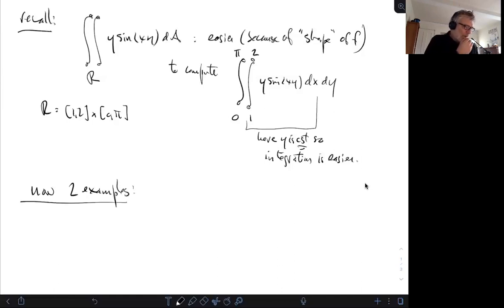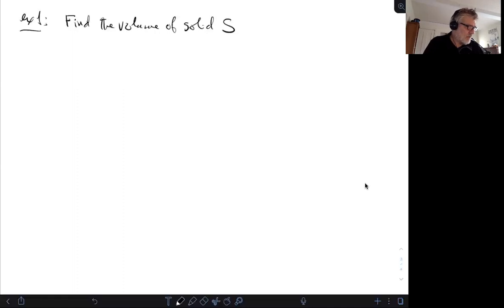Okay. So let's set up this first example, which is the following. Example one. We're asked to find a volume. So find the volume of the following solid, called S, doesn't matter, which is bounded by the following surfaces.